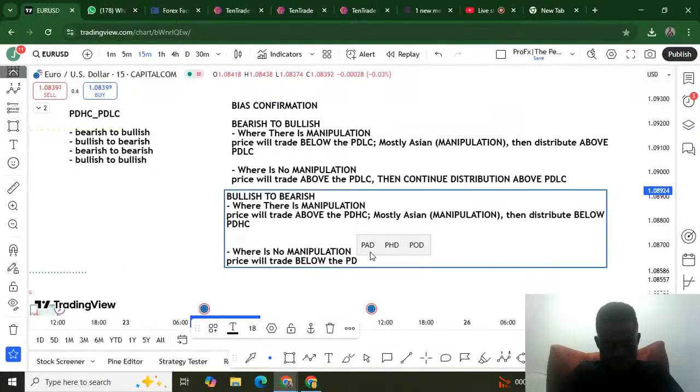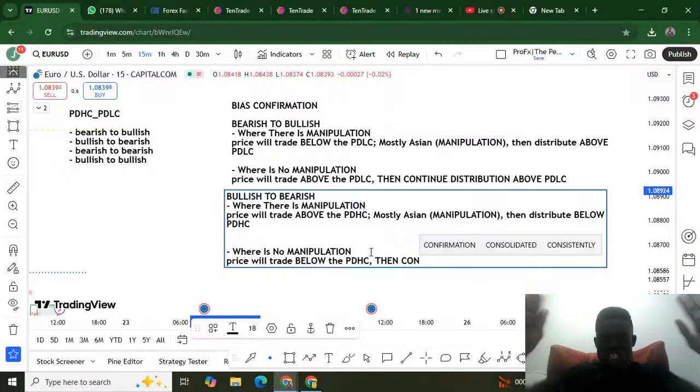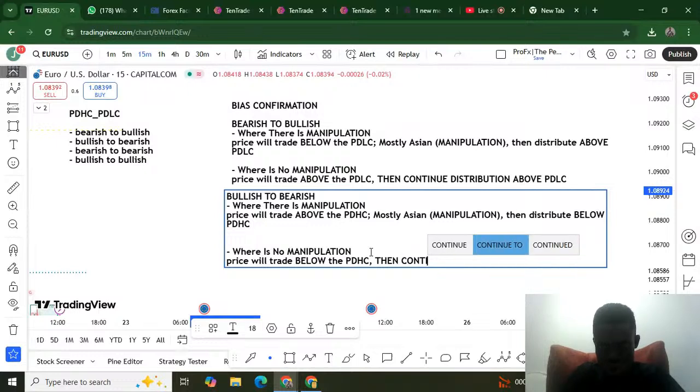Previous day high and close. Then do what? Continue to distribute below.